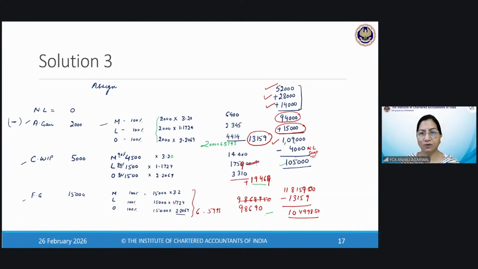Remember, if there is no abnormal gain, then there would be abnormal loss. So all the three figures should total to 105. But if there is abnormal gain, in this figure, add the value you have calculated of abnormal gain, and then those two figures, 113 and 5, 118, 159, should be the total of these two, right?